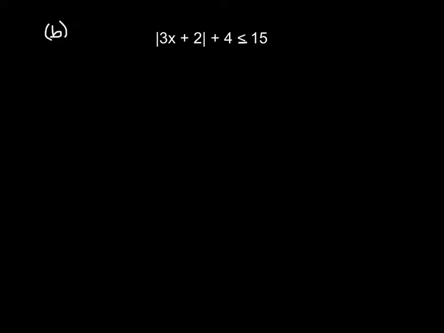B is the absolute value of 3x plus 2 plus 4 is less than or equal to 15. So again, we'll get the absolute value part by itself by subtracting 4 from each side. So that gives me the absolute value of 3x plus 2 is less than or equal to 11.